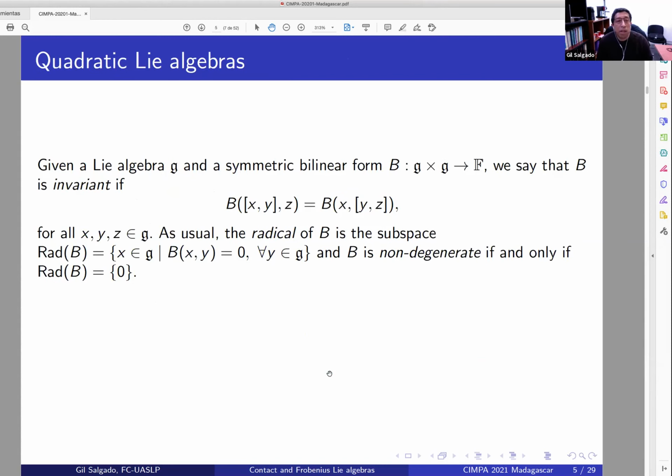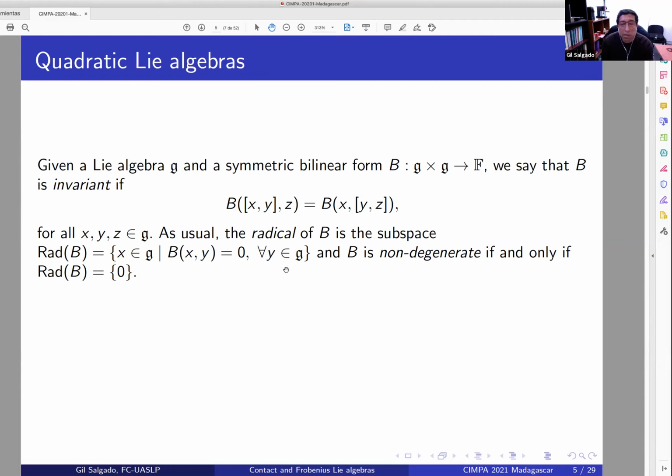Okay, now let me talk about quadratic Lie algebras. Given a Lie algebra and a symmetric bilinear form B, we say that B is invariant if the following equality holds, where we are asking for all x, y, and z in the Lie algebra.